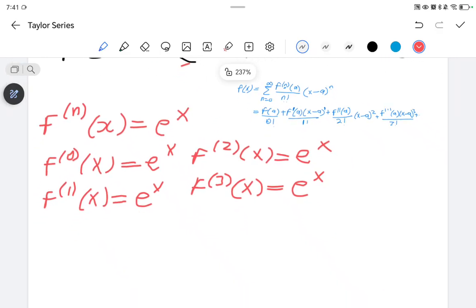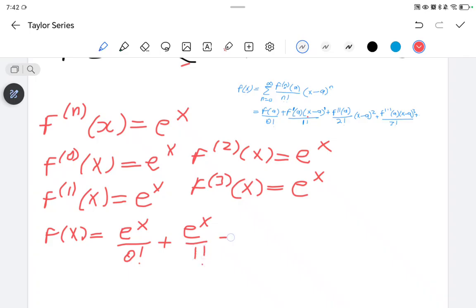So I would go back to the power series and say f of x equals the summation, or instead of the summation, let me start here before I start with the summation. So this would be equal to f of a, the first one, e to the x over 0 factorial, plus the second one, e to the x also, don't forget this x there, x minus 0, over 1 factorial.